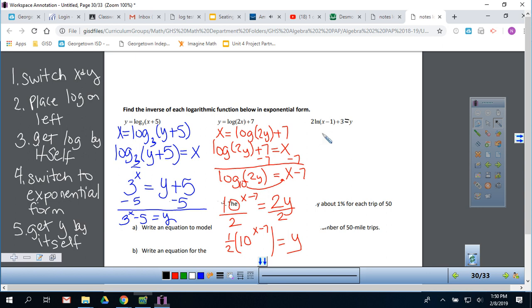Alright, so step 1, switch x and y. So we're going to have 2 natural log of y minus 1 plus 3 equals x. Place log on the left. We're already there. Now we want to get log by itself, so we're going to subtract 3.